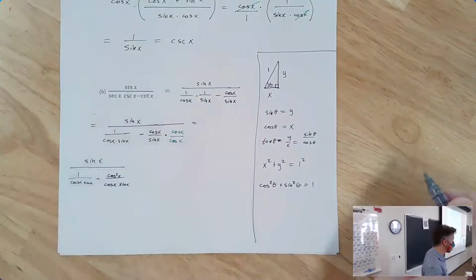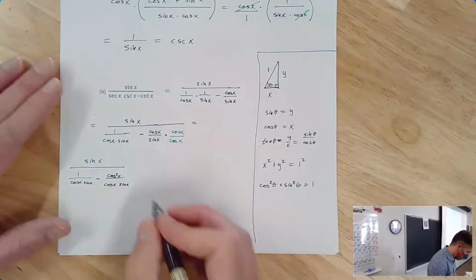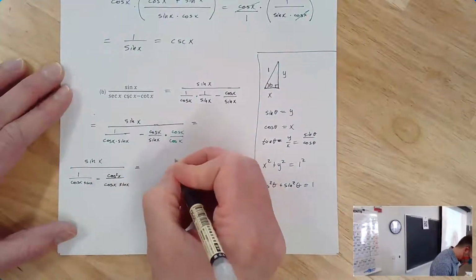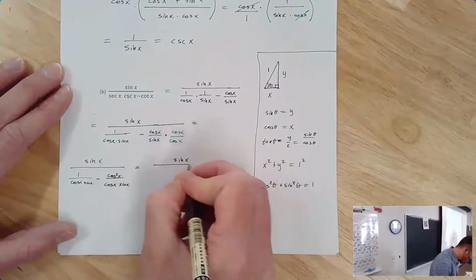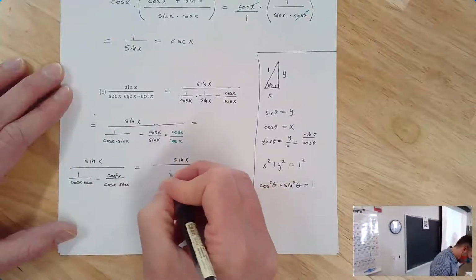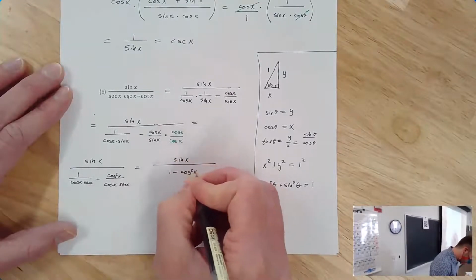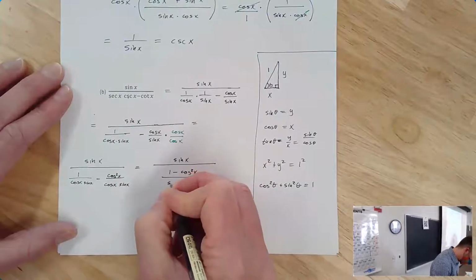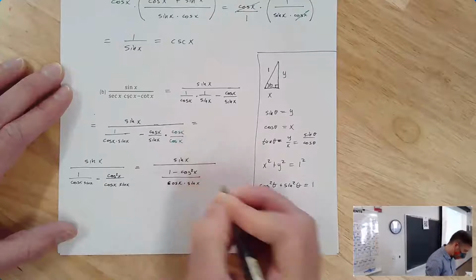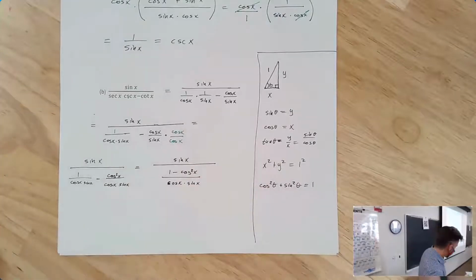I really should have put those fractions together in that step. I can write essentially the same step again. I've got sine of x divided by 1 minus cosine squared x all over cosine x times sine of x. Okay.